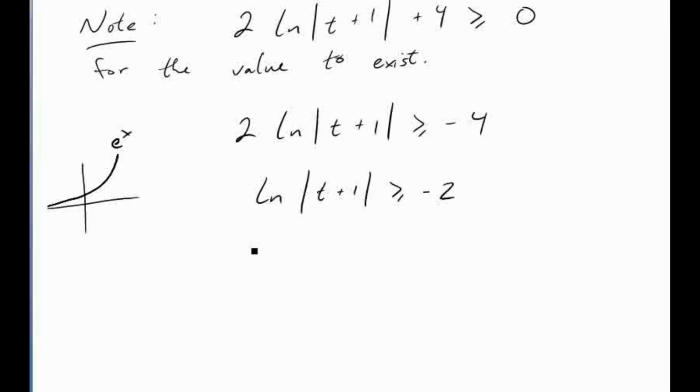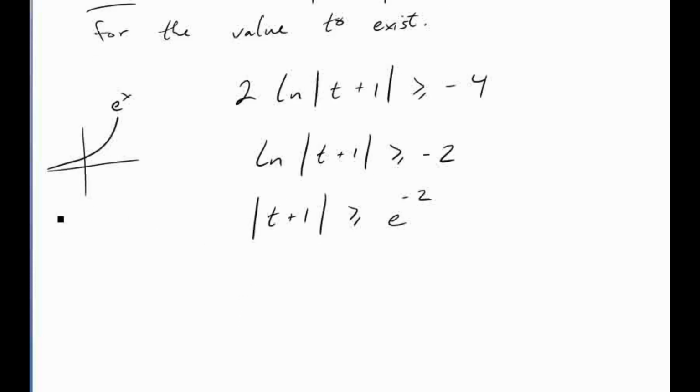So therefore, we have the absolute value of t + 1 is greater than or equal to e to the -2. And an increasing function, by its very definition, means that if you plug in a bigger input, you get a bigger output. And that's how we can preserve this inequality.